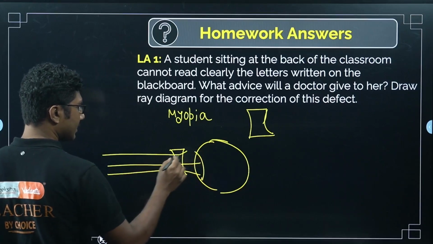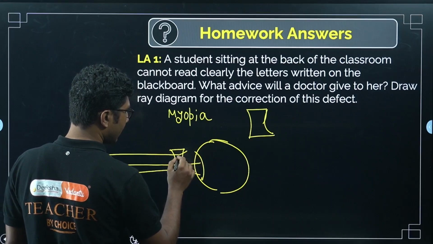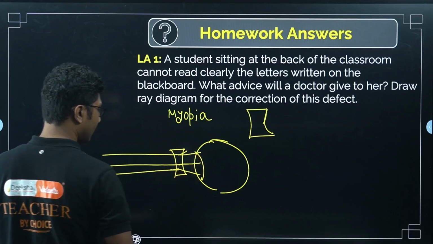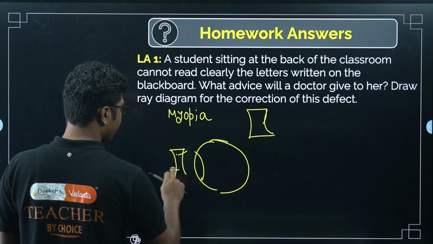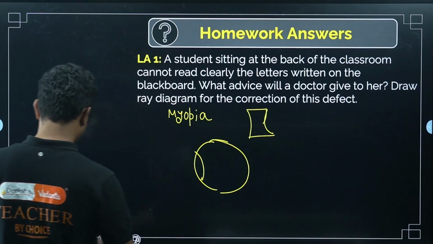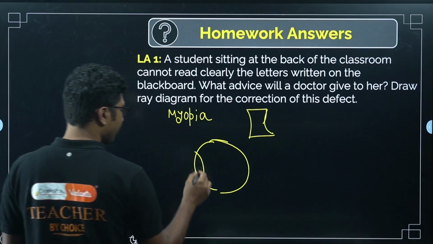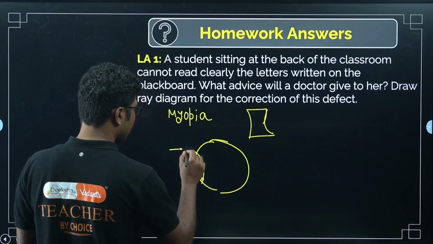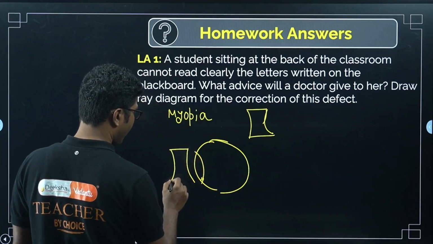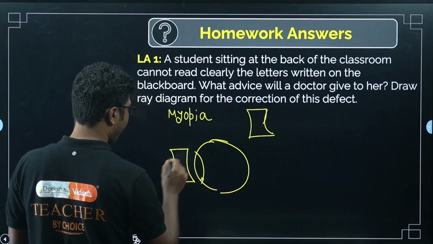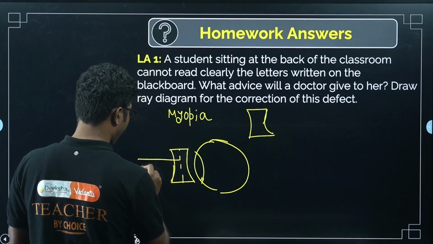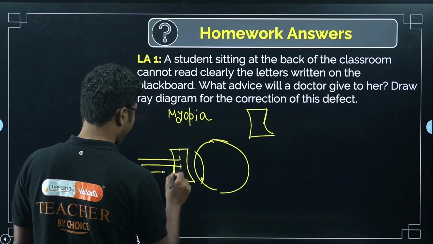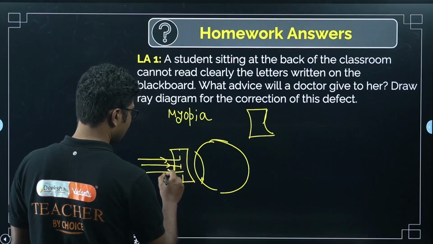You need to adjust the divergence so that it actually falls on the retina. So we will keep the rays very close to the lens, right. We will keep the rays close to the eye.